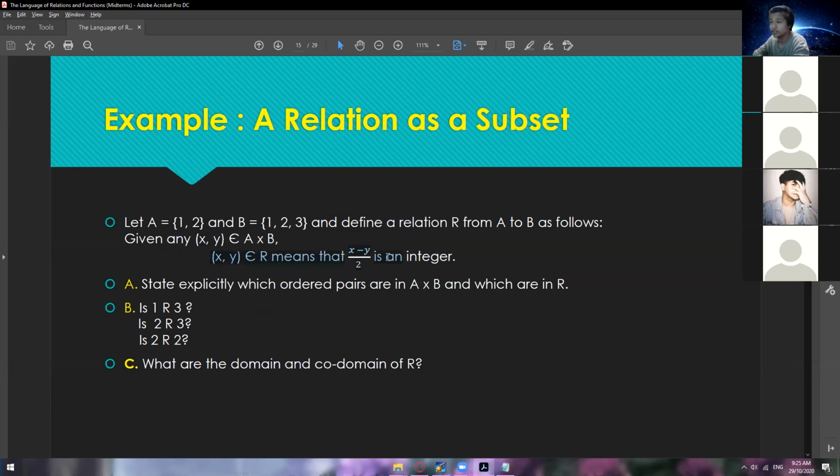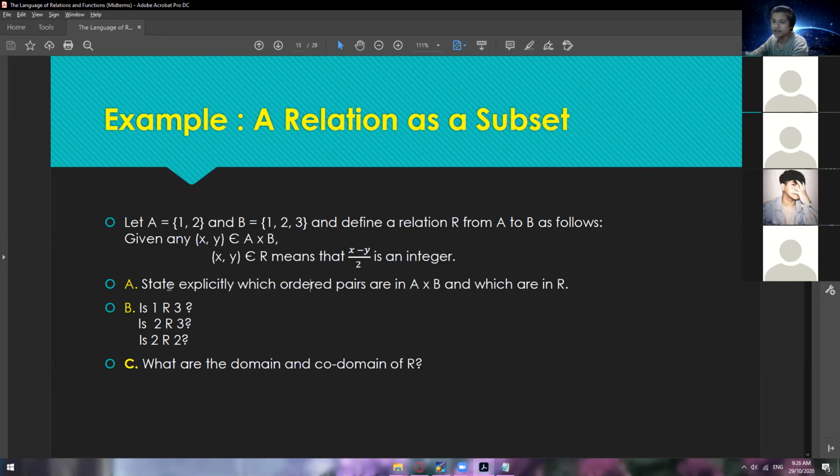Okay, so here's the condition. So hindi na siya basta-basta subset lang, hindi na siya basta-basta superset or proper subset. So in here, gagamit na tayo ng mathematical equation. So we could see that (x, y) is in R means that (x minus y) divided by 2 is an integer, or equal to an integer. Okay, so we could see that this relation is a working relation or a true relation if the outcome is an integer, if you follow this condition, (x minus y) divided by 2.